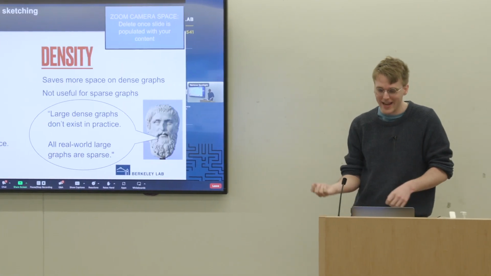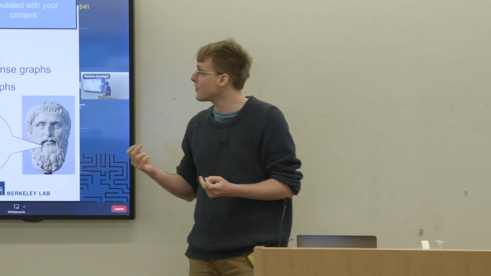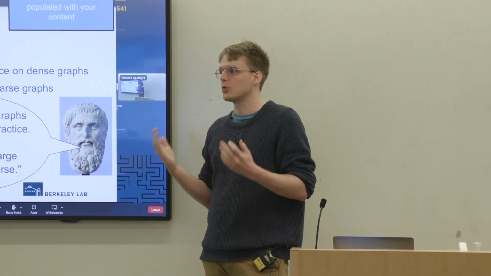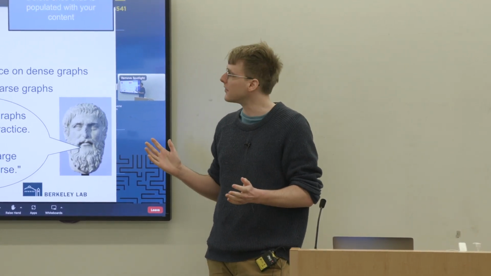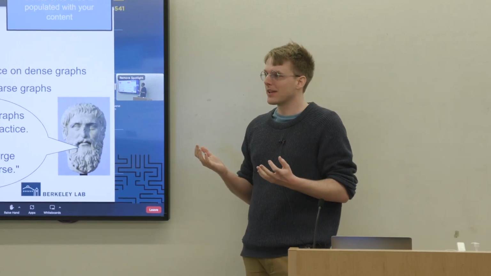Now, if you want to go and actually implement these algorithms, you'll find that there are two primary things that prevent it from being practical. The first is a space problem. While n times log cubed n saves us space asymptotically, in practice this ends up being very large. So for a graph on 1 billion nodes, if you just plug that in for n times log cubed n, you'll get something like 25 terabytes, even before we consider the constants involved. And maybe you want to try to improve the space complexity here somewhat.